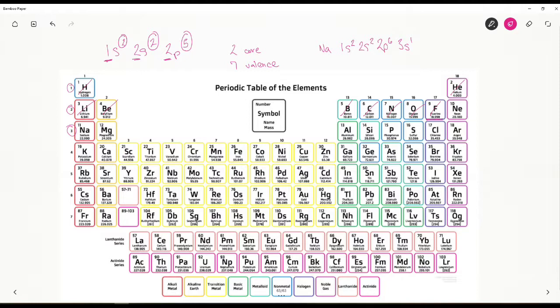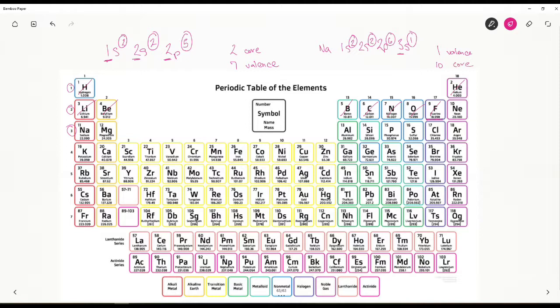I'm going to look for my largest value of n, which is going to be my 3 here. So it's only this one electron that is my valence. So sodium only has 1 valence electron. Now, how many core electrons does it have? It has 2, 4, 10 core electrons.